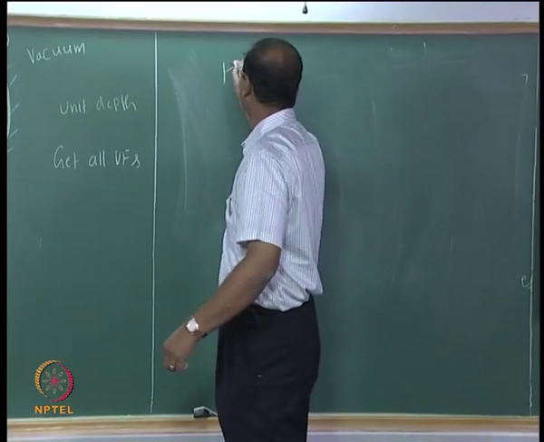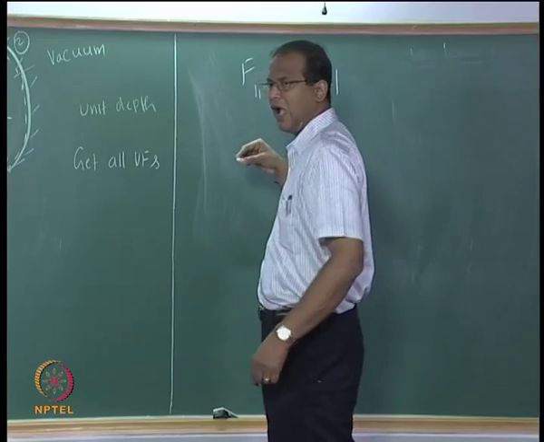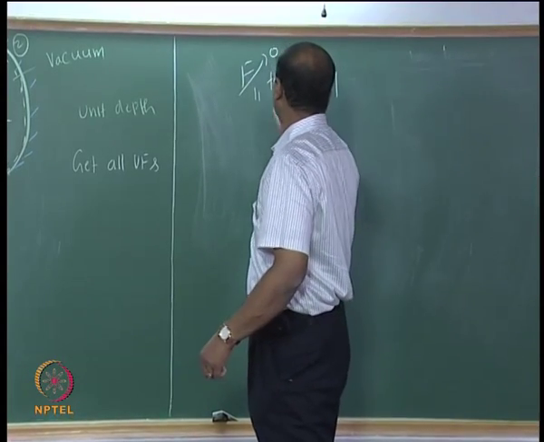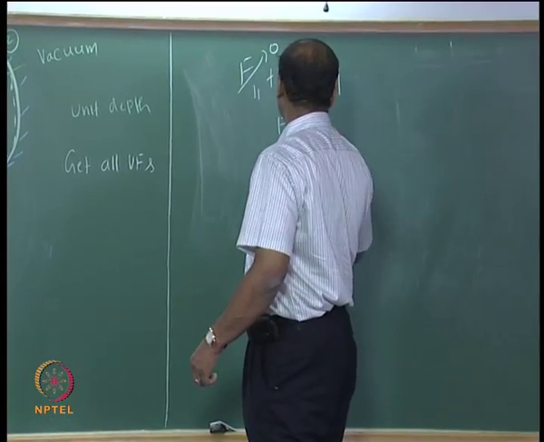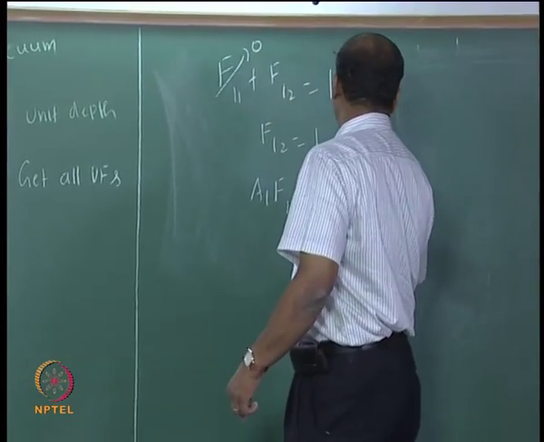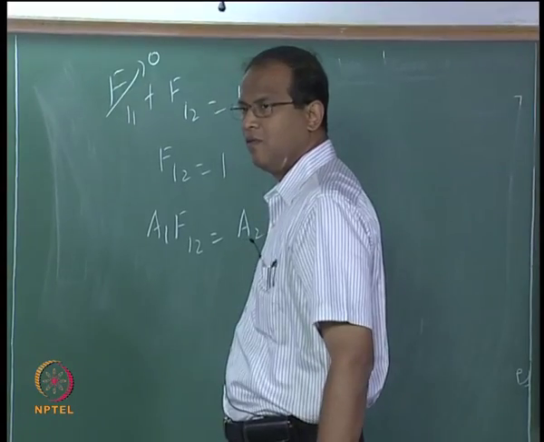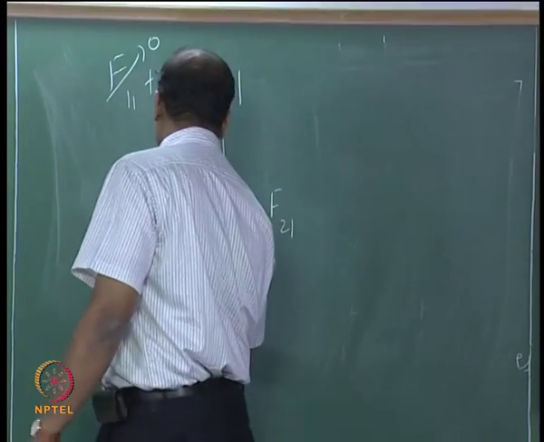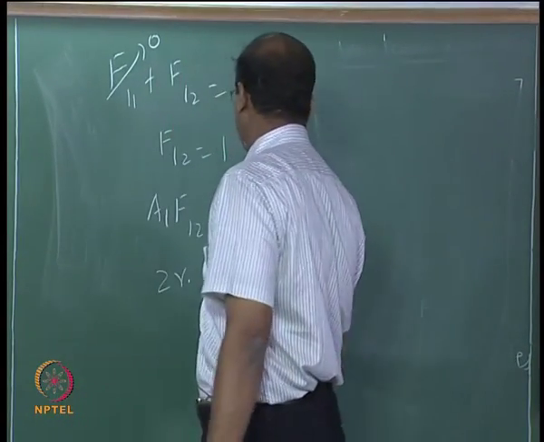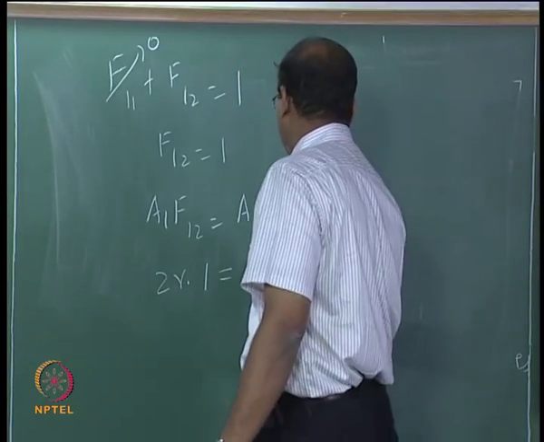F11, very good. A1, very good, 2R. A2, 2 pi R.